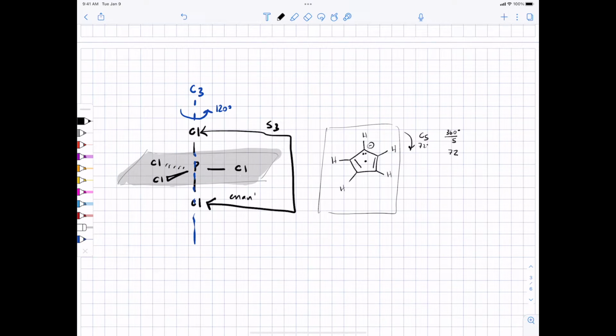I don't know. I struggle with chirality. Yeah, I don't actually know. If I don't know, it won't be on the test.